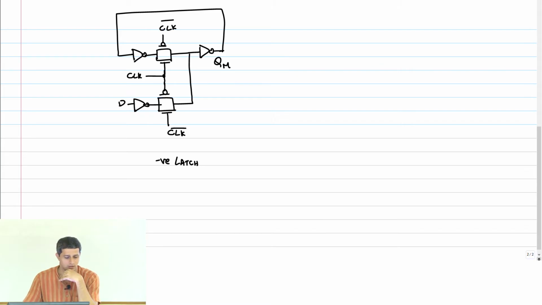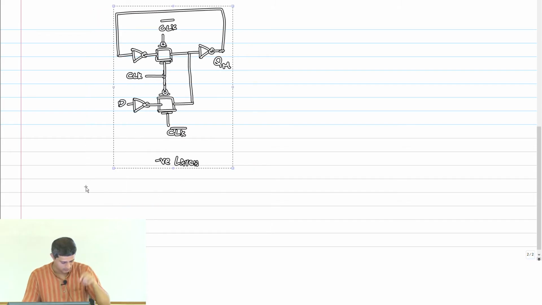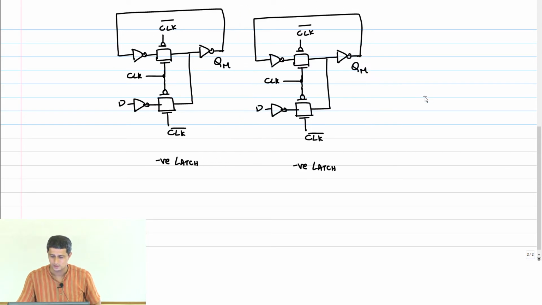Okay, so then I just copy this again. I'll place it here, and I'm going to now make the connection so that I can construct my flop. This has to now become a positive latch. So what are the changes I have to make here? Clock and clock bar. This will become clock bar. This will become clock.